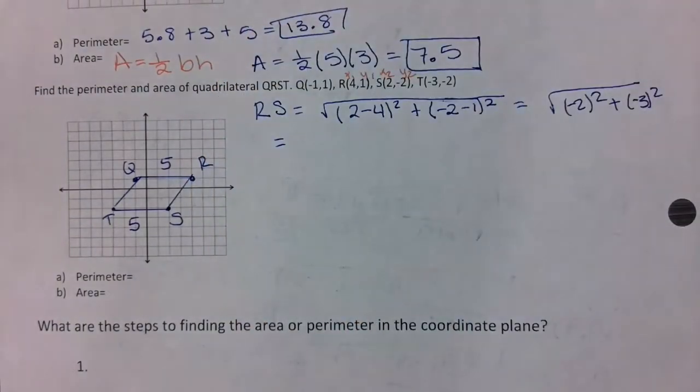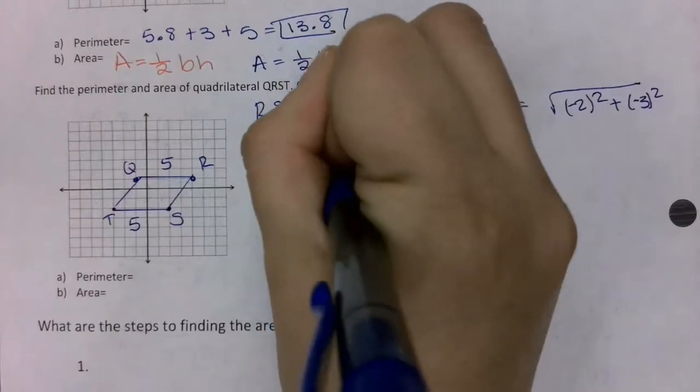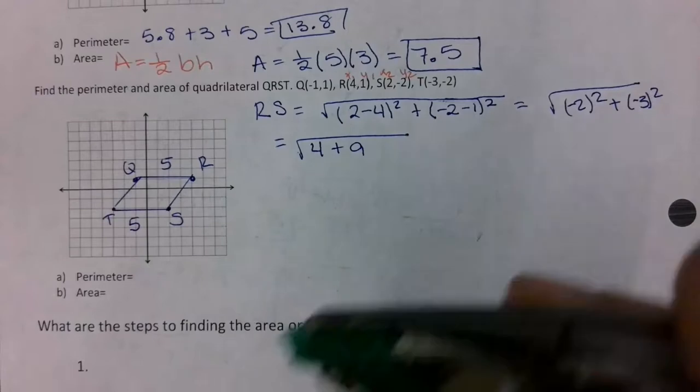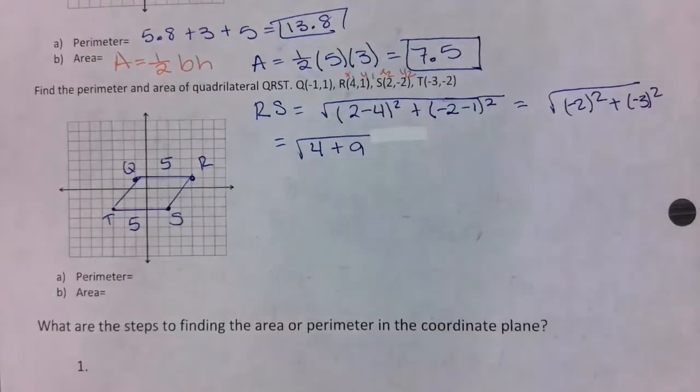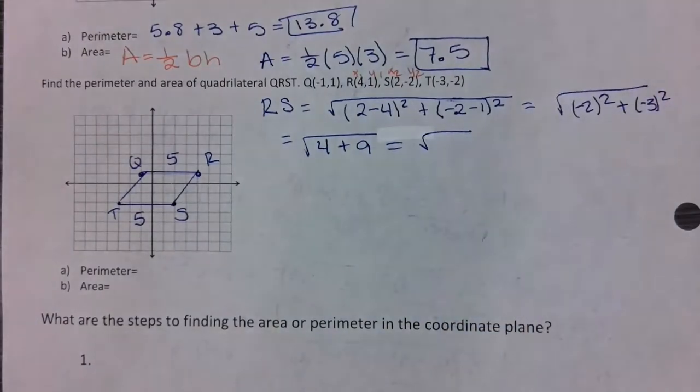Okay. What's -2 squared? 3 squared. Why did I draw that square root symbol so big? Okay, so 4 plus 9.